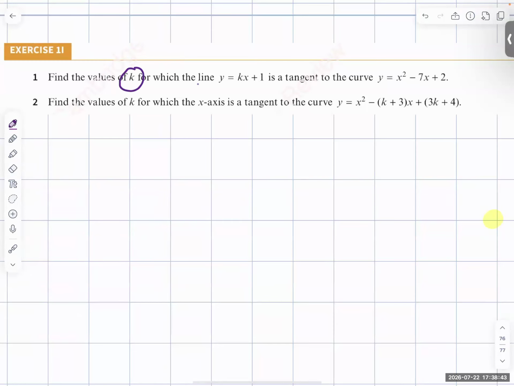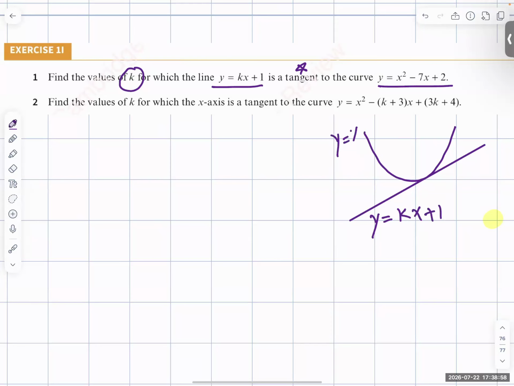Find the values of k for which this line is tangent to this curve. That means, that is the scenario, right? This is y is equal to kx plus 1. And this curve is y equals x square minus 7x plus 2, right?